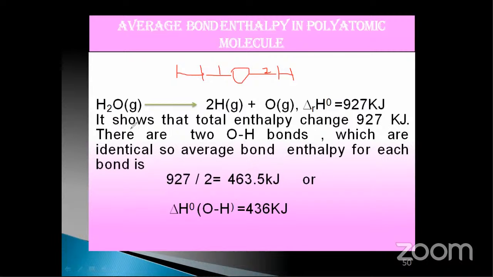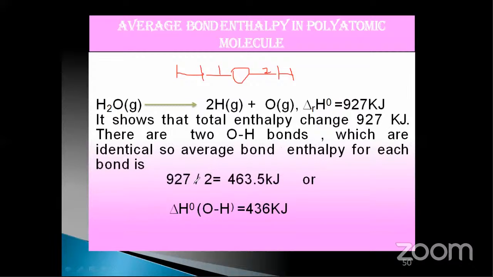Okay, see, it shows that the total enthalpy change is 927 kilojoule. There are 2 OH bonds. This is the first OH bond and this is the second OH bond, which are identical. हे दोन्ही बॉन्ड आयडेंटिकल आहेत, तरीही बॉन्ड एनर्जी वेगवेगळी आहे. So the average bond enthalpy for such a bond is used, and it is nothing but the average. जसं आपण मॅथ्स मध्ये ऍव्हरेज काढतो तसंच ऍव्हरेज इथे काढलेलं आहे. 927 divided by 2 because 2 bonds are present.